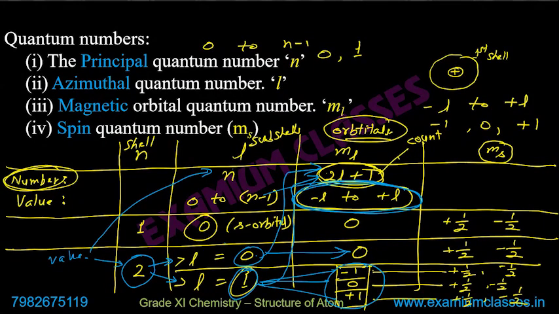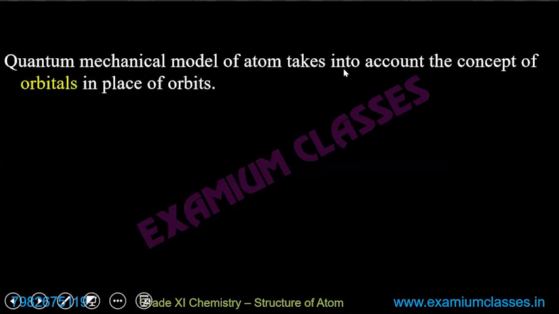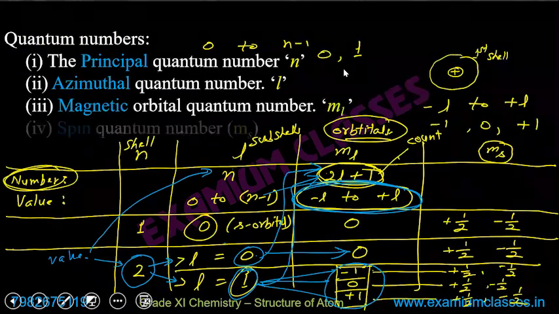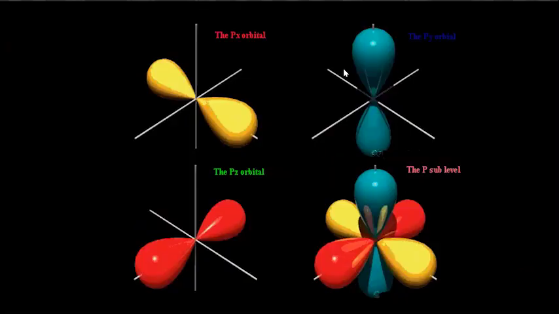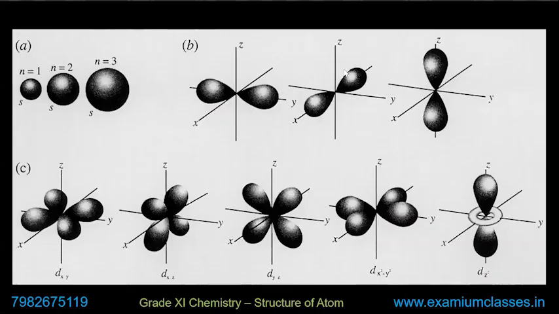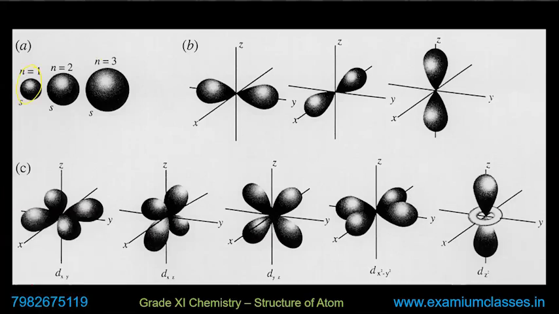Again, if you remember, we talked about these diagrams. You need to draw these diagrams separately. For example, S will be spherical only, and in each shell there will be only one S. So n equals 1 will be smallest.